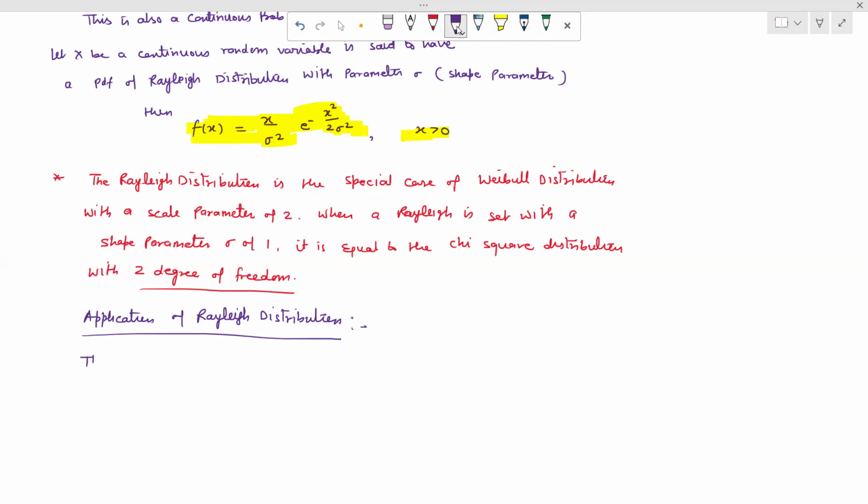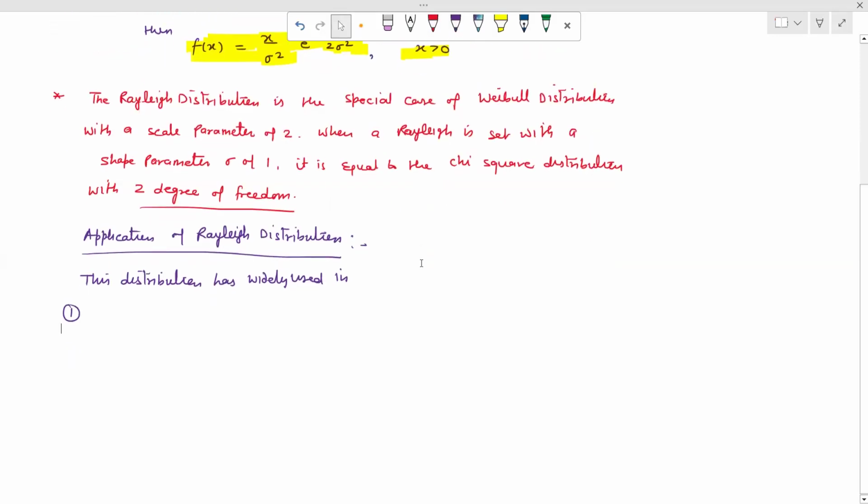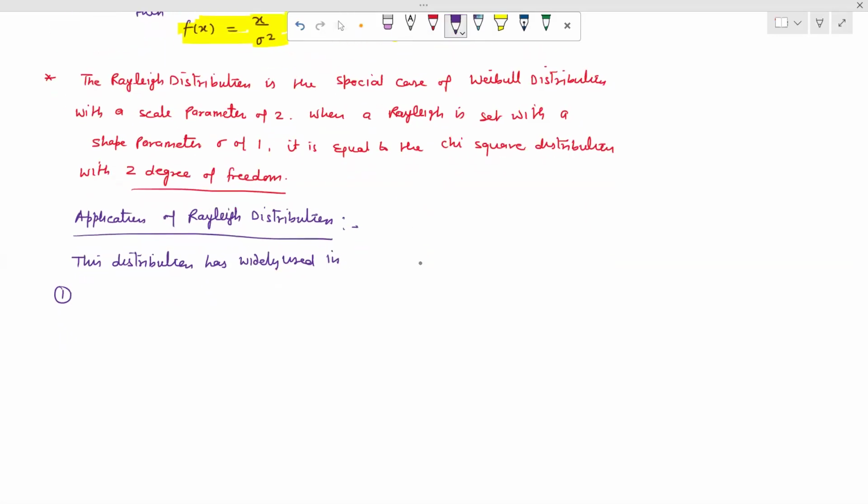We write down that this distribution is widely used in the following. We discuss applications because they are necessary for any distribution, to know where we use a particular distribution. So first is communication theory.